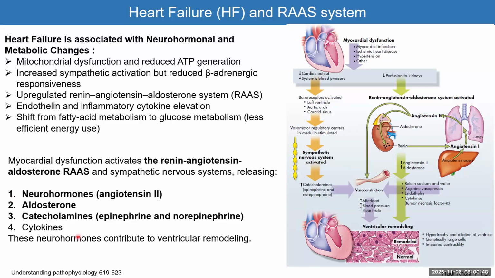So how does that happen? Cardiac function is becoming lower, output is becoming lower because of whatever reason is mentioned here. So cardiac output is low. And when the cardiac output is low, the first thing we detect is a drop in the blood pressure because the heart is not beating enough or not pumping blood enough, or the volume of the blood being circulated is low.